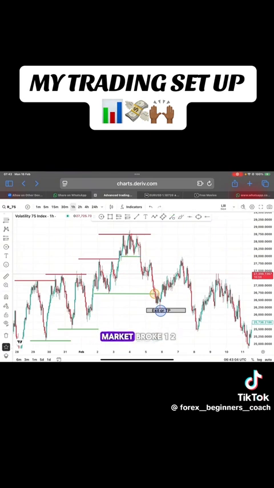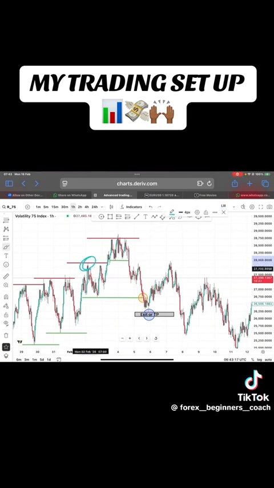So you know the market broke 1, 2. This is the first higher low and this is the second higher low the market broke, okay? So we want our entry point to be in between the second higher high and the first higher low, okay?